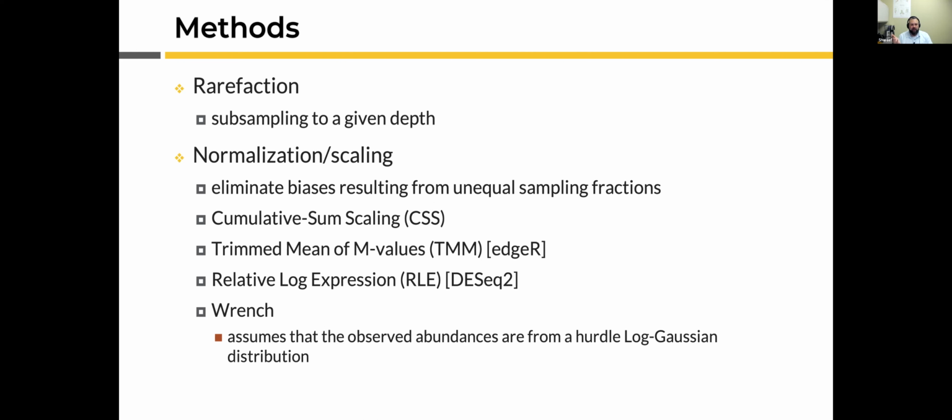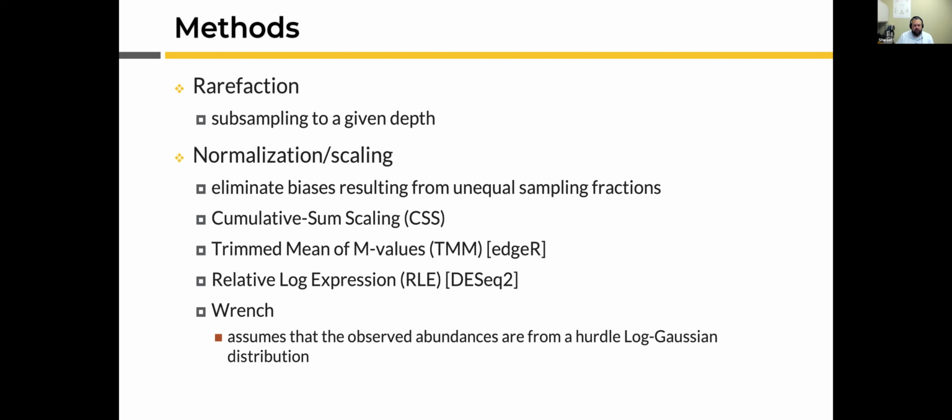And so from that, we get various methods for normalization, or essentially scaling. These attempt to eliminate biases resulting from unequal sampling fractions or differences in sampling depth, as I mentioned. Cumulative sum scaling was one of the earlier ones that really showed a lot of success, and a lot of people still use it.